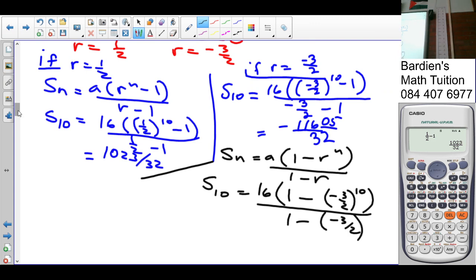A commonly made error is that the learner doesn't put a bracket around this one here, and then they make the mistake in the calculation. Is that where you made your mistake? Yeah. So punch it in, you should get the same answer.